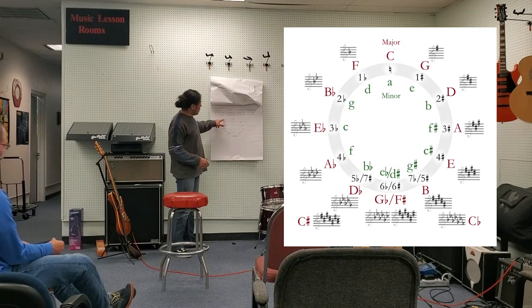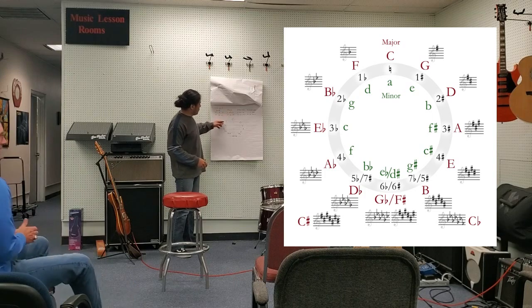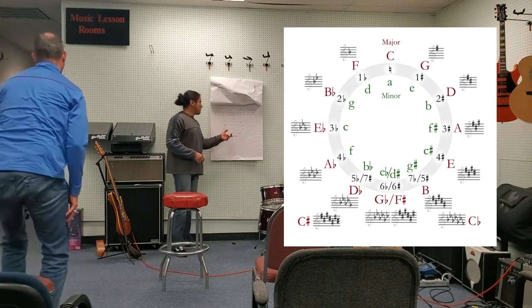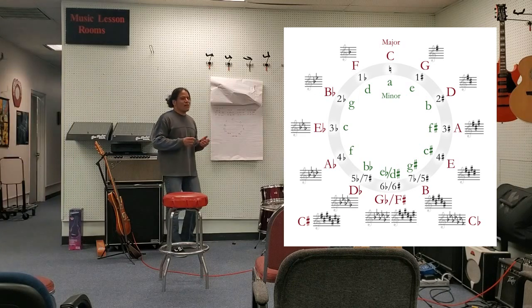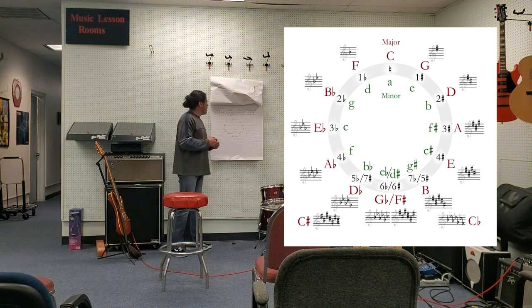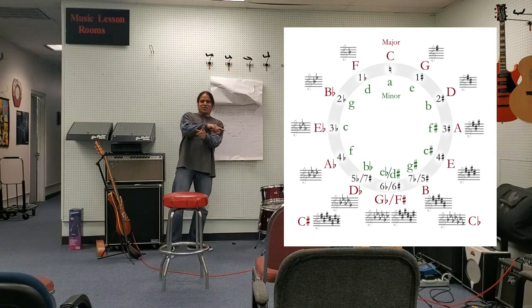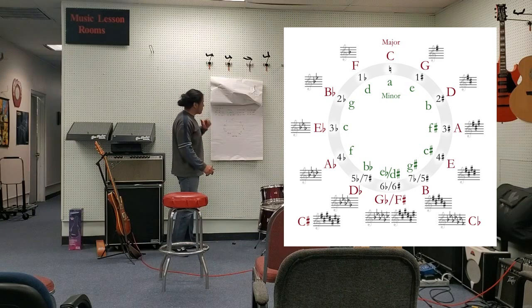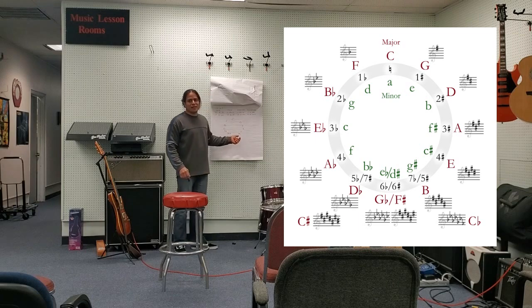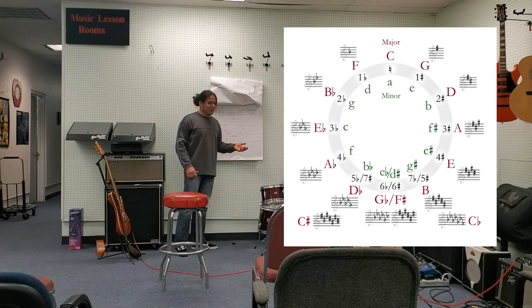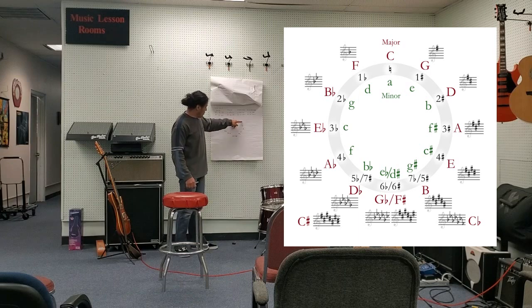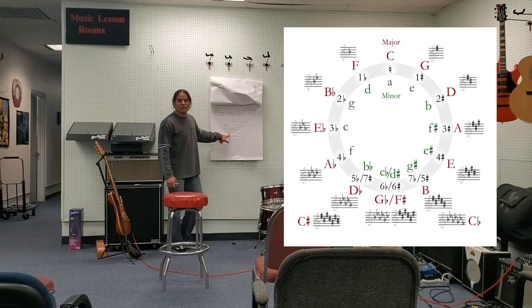Now when you get to the flats, I don't really have an easy way to make that work, other than it's the same as the circle of fifths, but backwards. So the very last sharp is B, because my last key is C sharp, right?